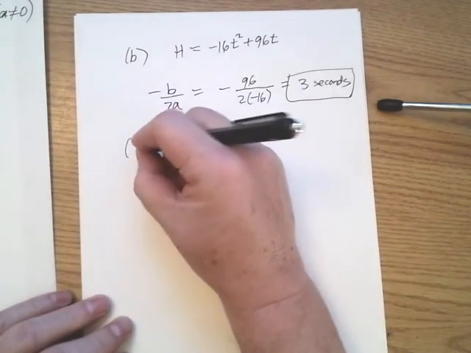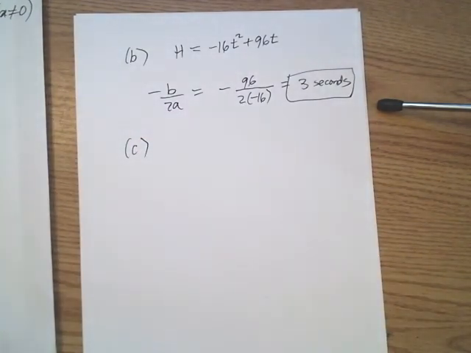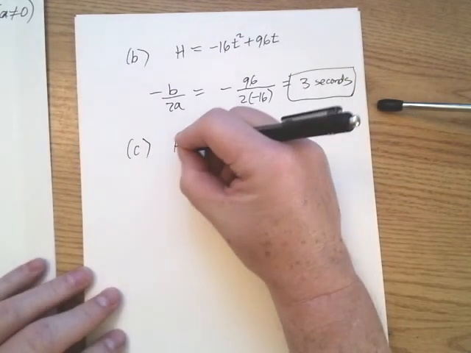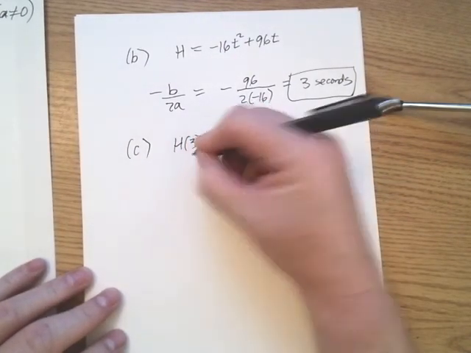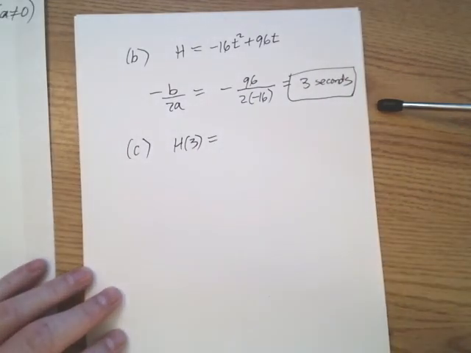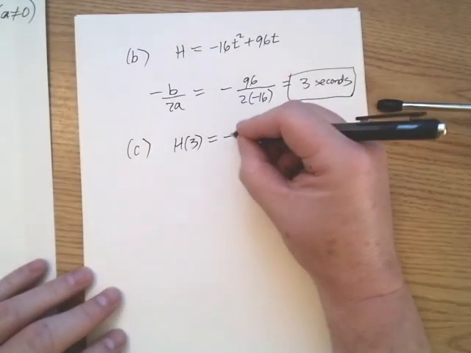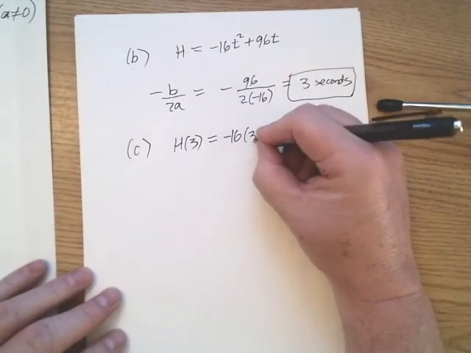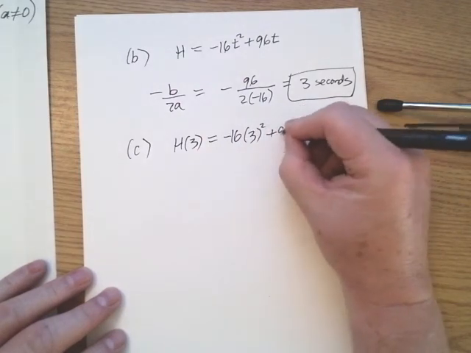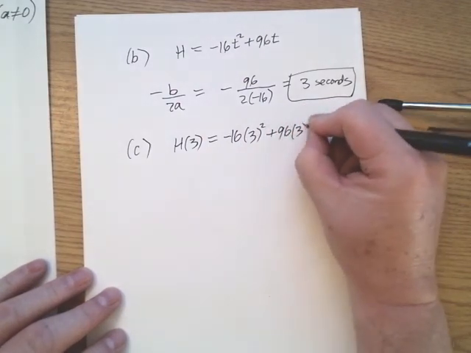Now, the very last part asks what the actual maximum height of the ball will be above the ground. All you have to do is calculate h at t equals 3. So let's put that in there. And this will be in feet.